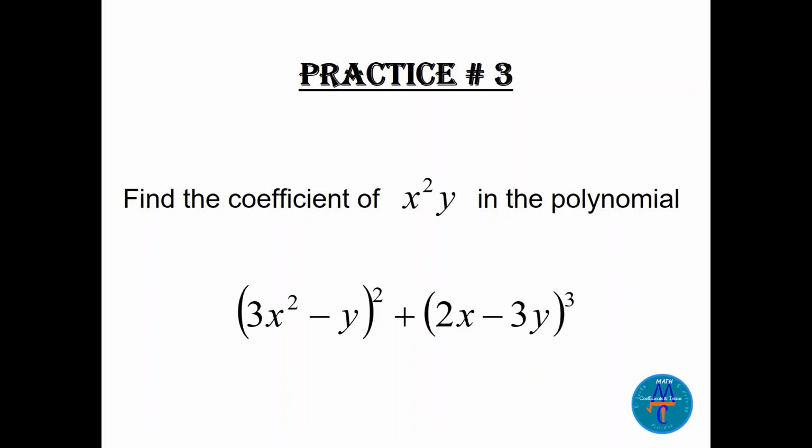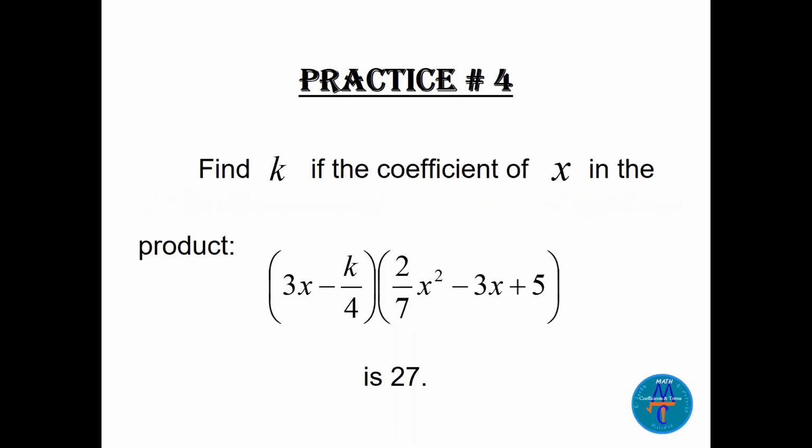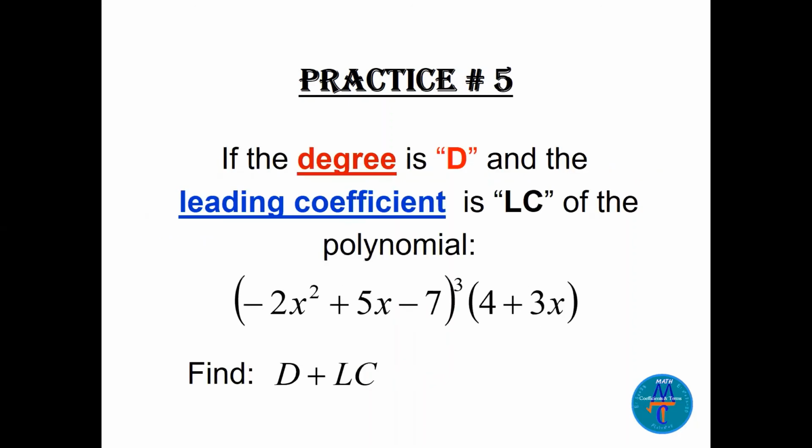You have to expand a little. Practice number 4, find k if the coefficient of x in this product is 27. Practice number 5, the degree is d and the leading coefficient is LC. Find d plus LC of this polynomial.